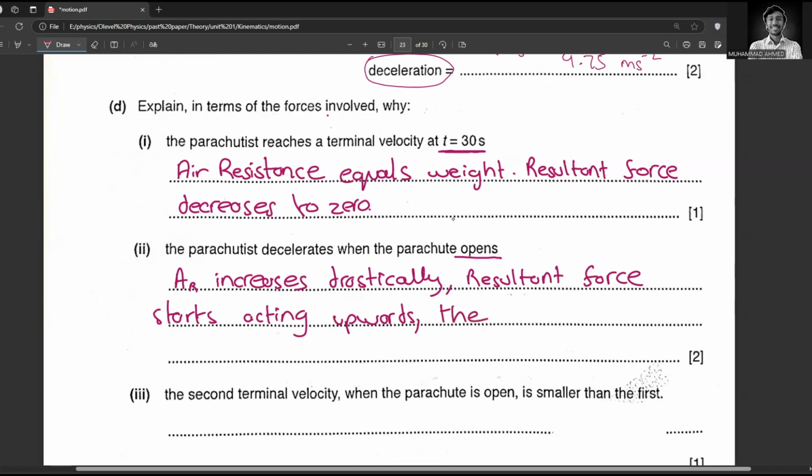This causes acceleration to act upwards. This causes velocity to decrease, or speed to decrease.